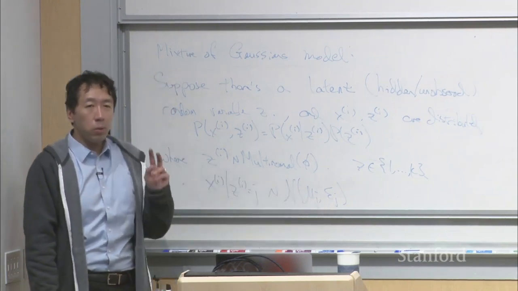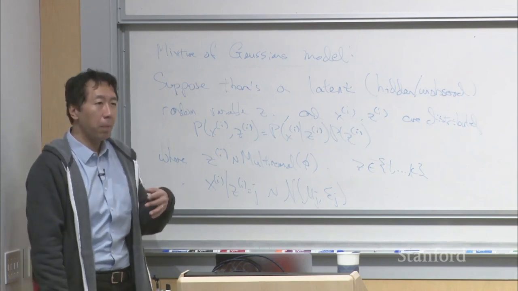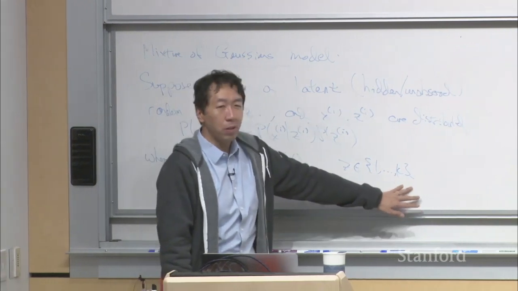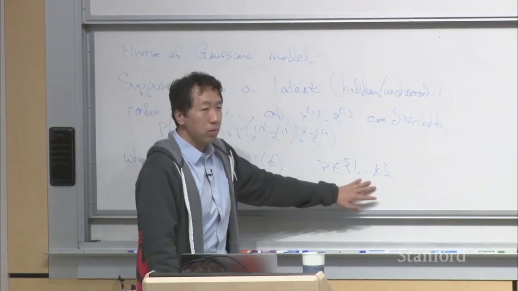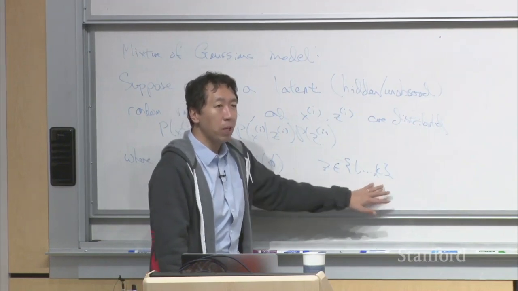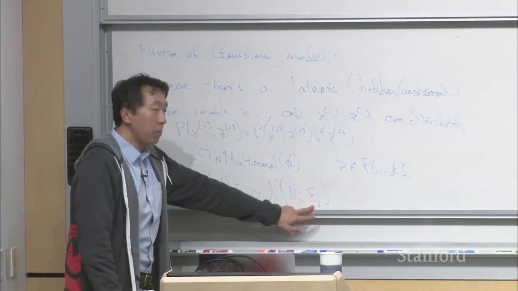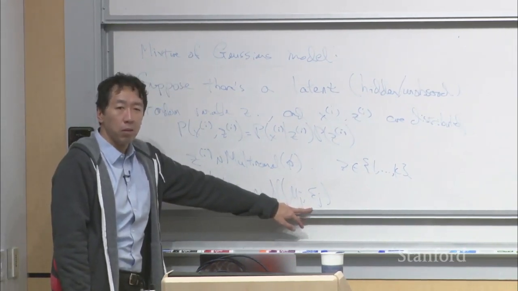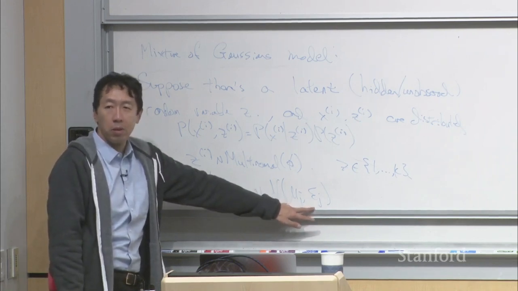Okay, so there are two unimportant ways this is different from GDA. One, I've set z to be one of k values instead of one of two values. In GDA, the labels y took on one of two values. And second, I have sigma_j instead of sigma. By convention, when we fit mixture of Gaussian models, we let each Gaussian have its own covariance matrix sigma, but you could force it to be the same if you want.